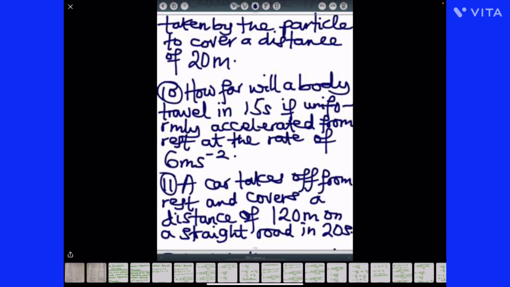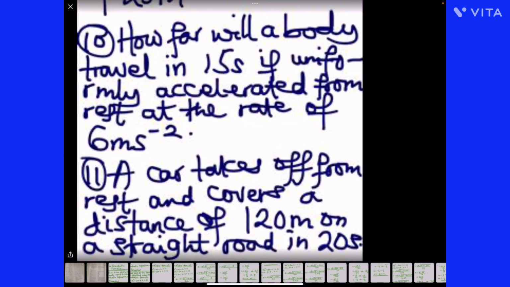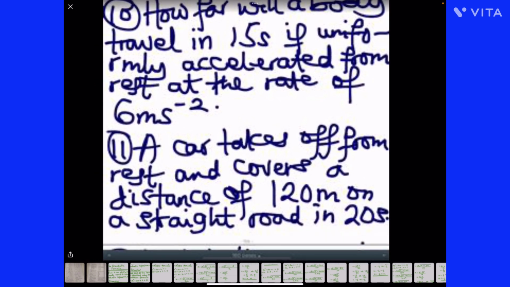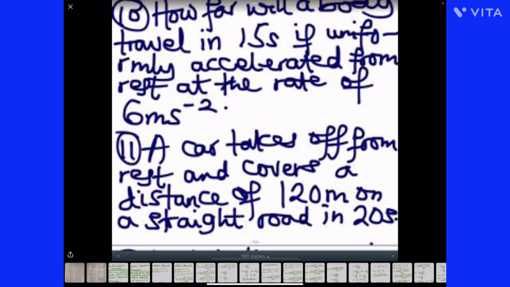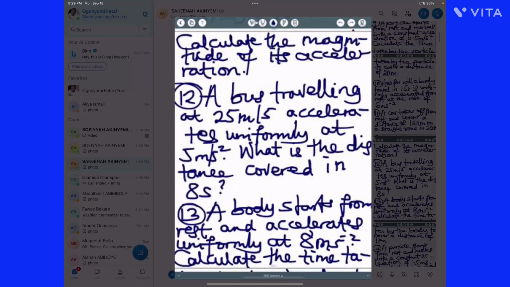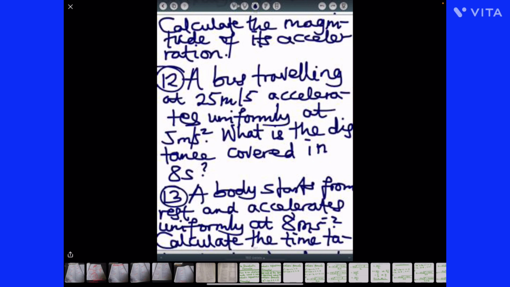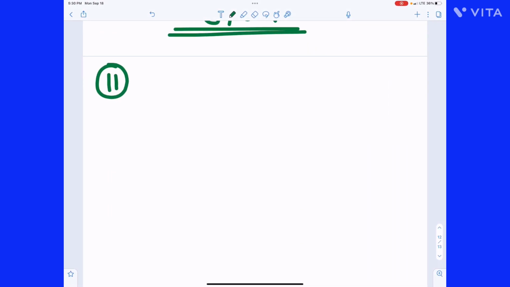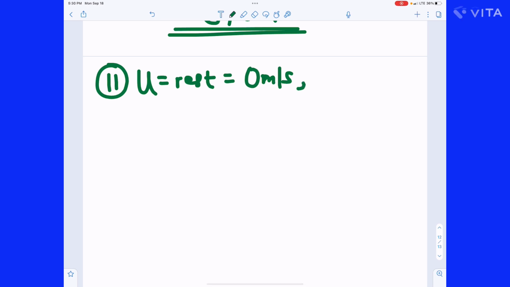Question 11, what's there? A car takes off from rest and covers a distance of 120 meters on a straight road in 20 seconds. The question says, calculate the magnitude of its acceleration. A car starts from rest, which means the initial velocity was 0 meters per second, and covers a distance of 120 meters in a time of 20 seconds.